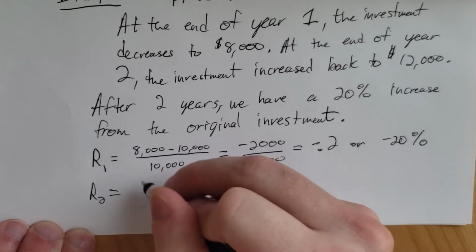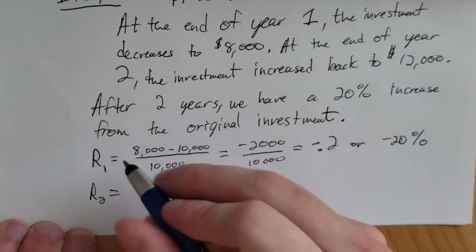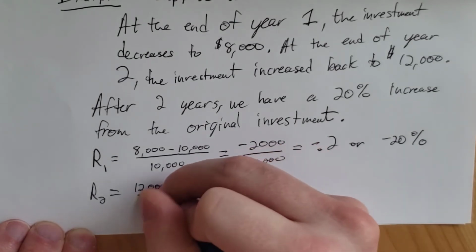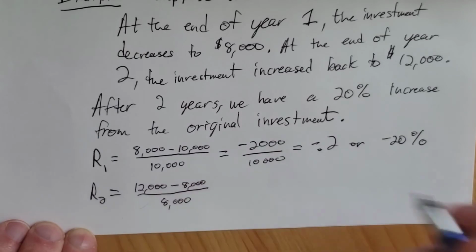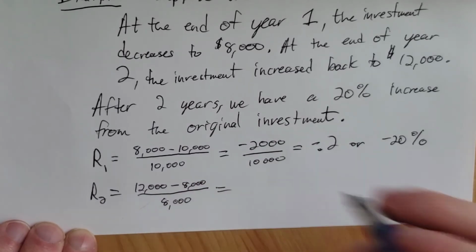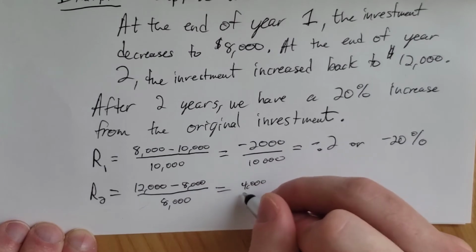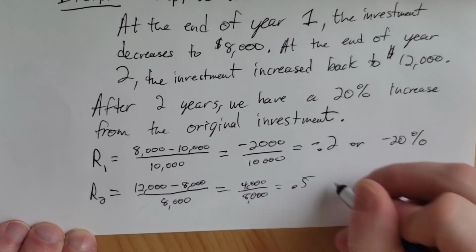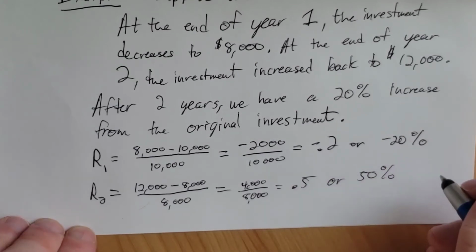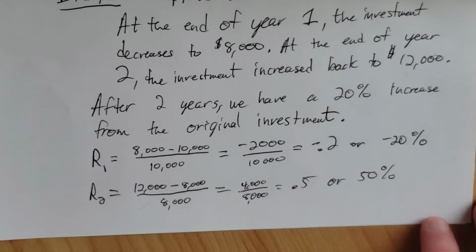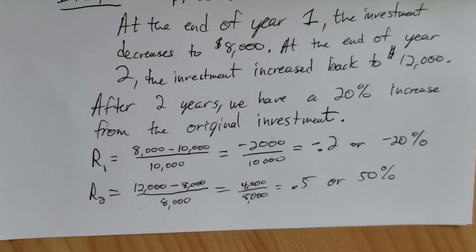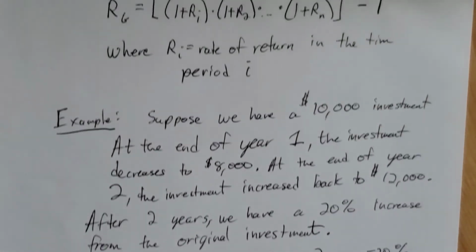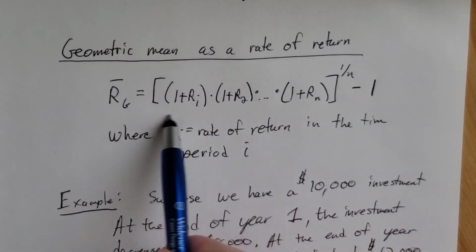R sub 2 is, all right, our ending value for that year is 12,000, and our starting value was 8,000 for that year. So we get 4,000 divided by 8,000, or in other words, 0.5 or 50%, right? We had a 50% increase if we originally had 8,000 at the beginning of the year, and then we ended that year with 12,000. So those are the R1 and R2 for our formula up here.